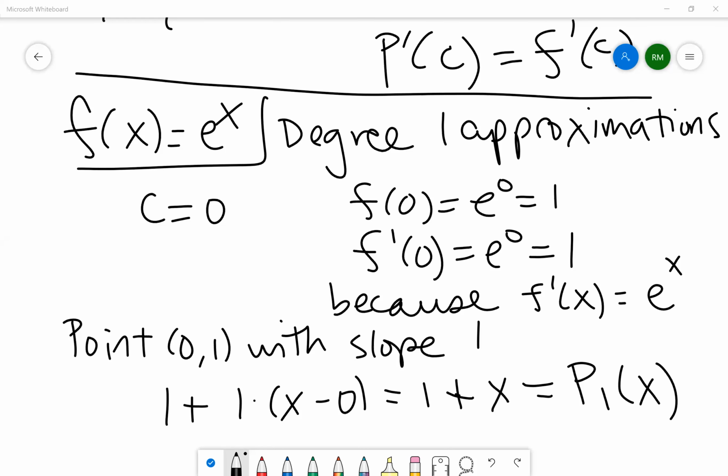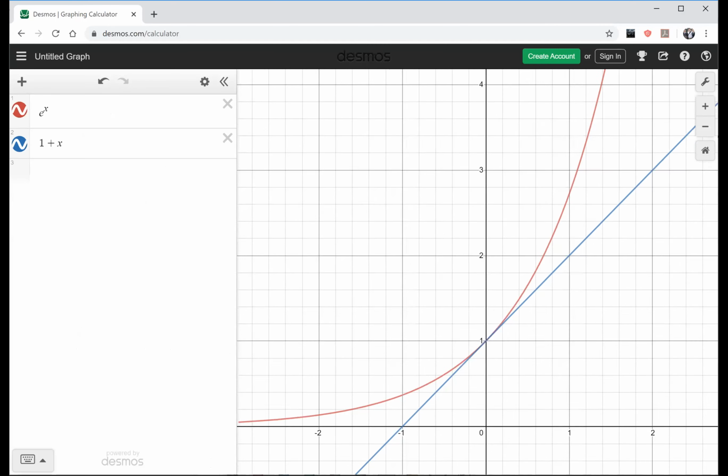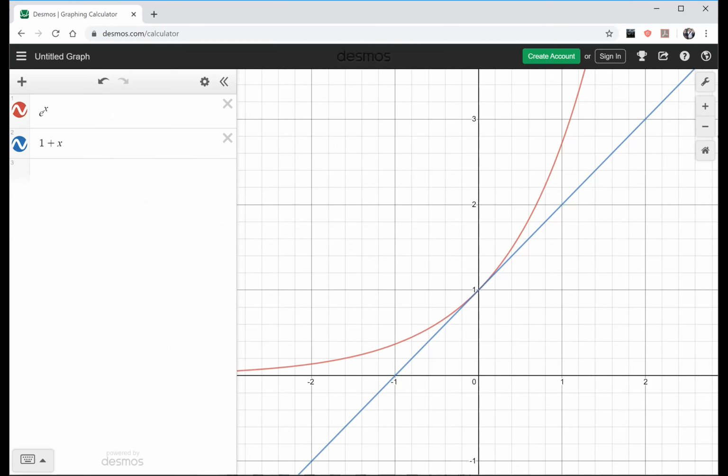All right, so let's take a look at the graph so far. We'll take a look at it on Desmos. Okay, so we see that the red curve is our function e to the x, and our blue line is the function 1 plus x. This is a degree 1 approximation of e to the x.